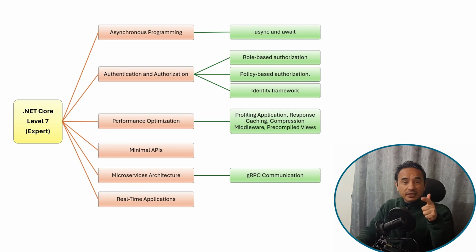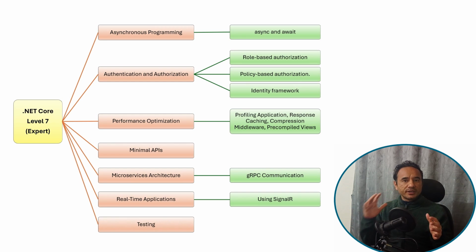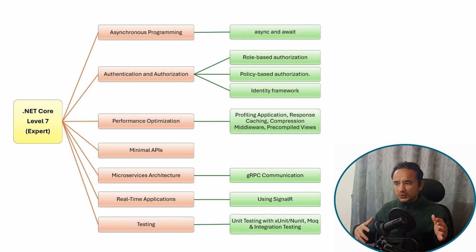Then for real-time applications, you can explore SignalR, which allows you to send instant updates to clients. Finally, focus on testing: how to use xUnit, NUnit, mocking, and integration testing, so that the entire system is working as expected. All right, that is the complete .NET Core roadmap.